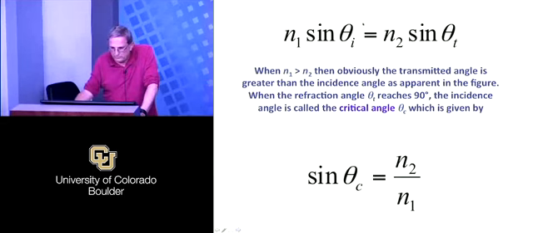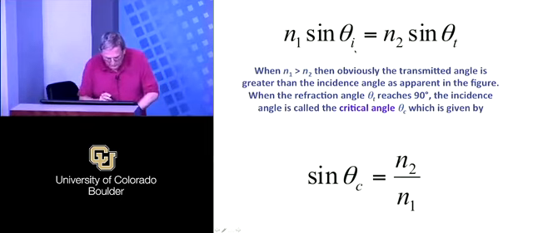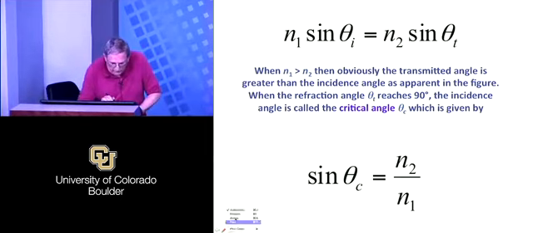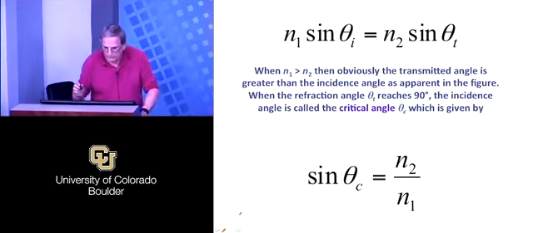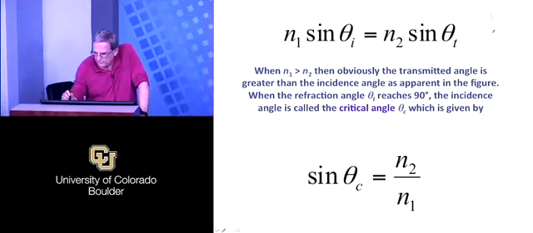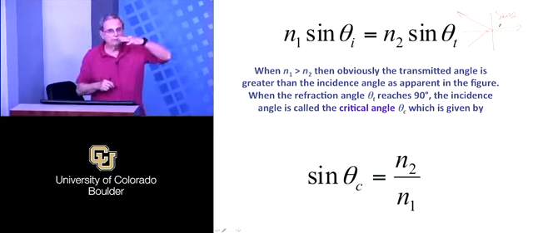And now the next thing we want to look at is, so we just talked about the case where, for example, we were going from free space to glass. This could be glass. And then when we go in, it bends towards the normal.